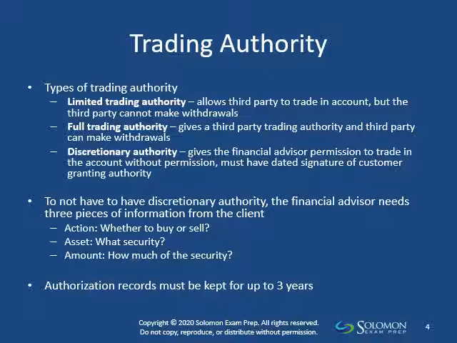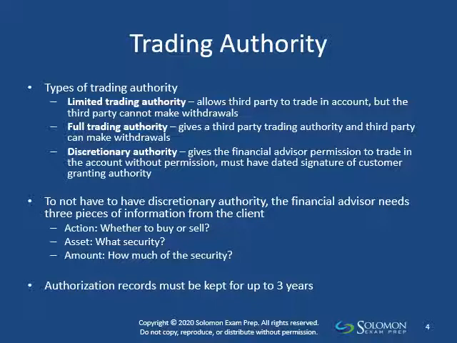It's important to also understand what kind of trades or what kind of information you need as a rep to not have discretionary authority. And you need the action, whether to buy or sell. That means that the customer has to tell you on each order, I want to buy or I want to sell.